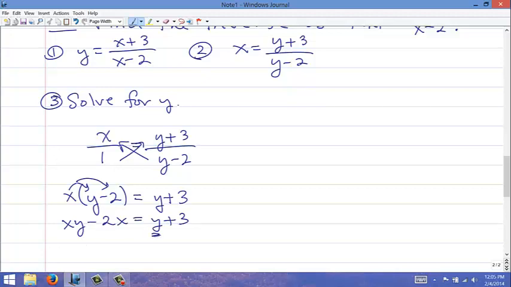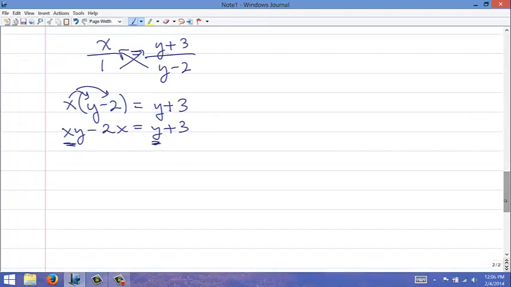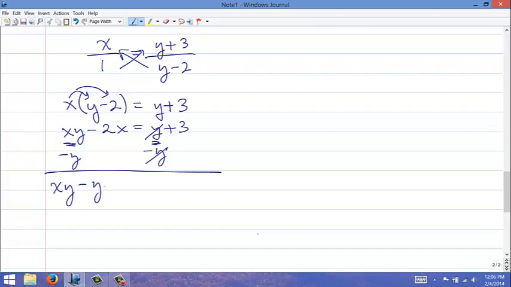So now I've got a y there and a y there, so I want to bring those guys all to the same side. So let's go ahead and subtract y from both sides. So I'll kill those y's off. Writing it out, I've got xy minus y minus 2x equals 3.